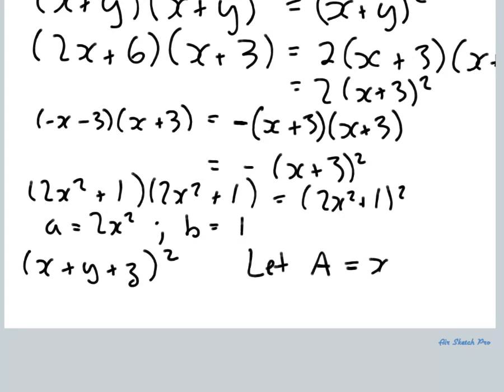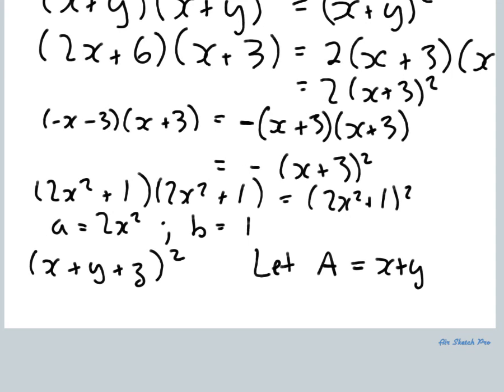Let A equal x plus y. This is called a substitution step. By letting A equal x plus y, I can then rewrite my equation as A plus z all squared.